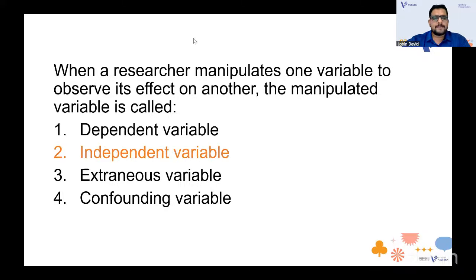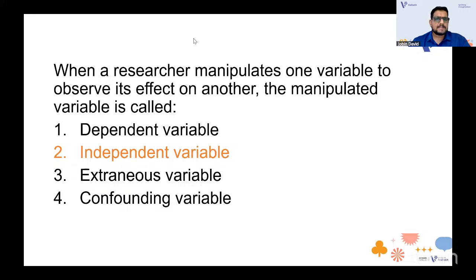Why? Because we are manipulating the independent variable and observing its effect on the dependent variable. That is why it is called dependent: it is dependent on some factors. Clear? The answer is independent variable. Every time you should remember the manipulated variable is the independent variable.